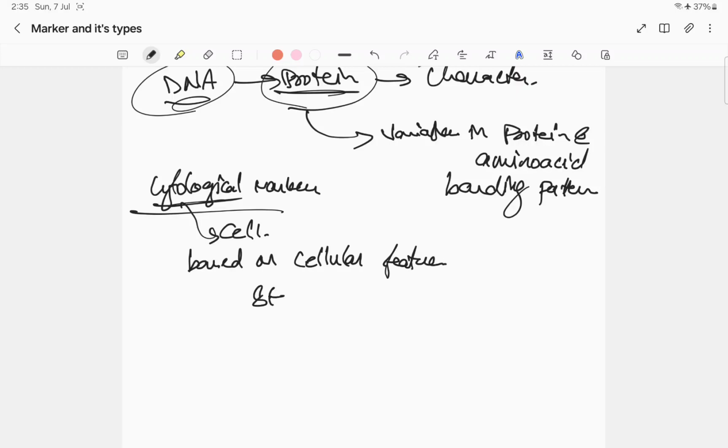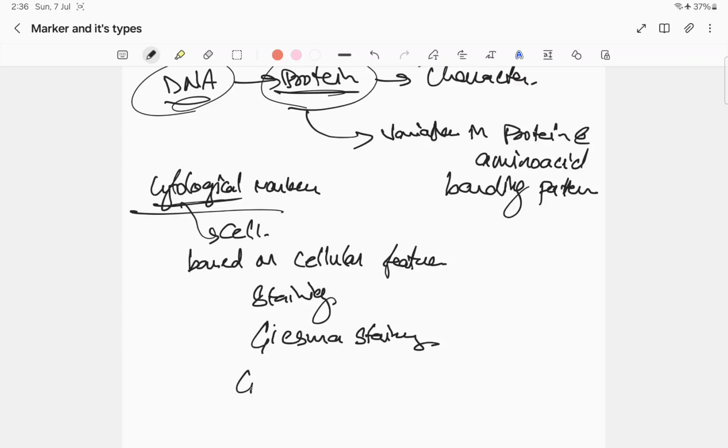For example, staining technique, for example Giemsa stain staining, or any cytological techniques if we use.